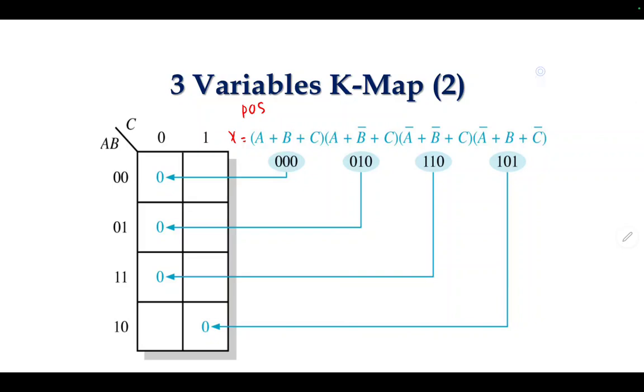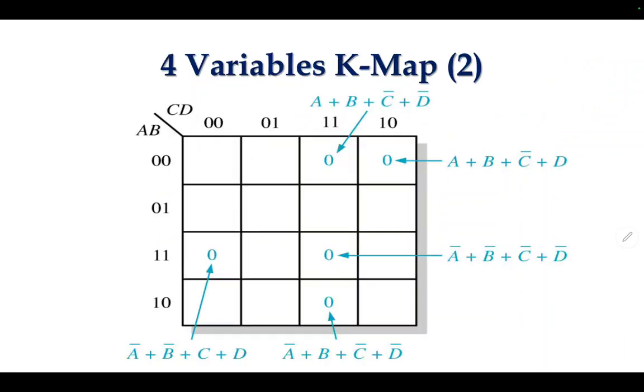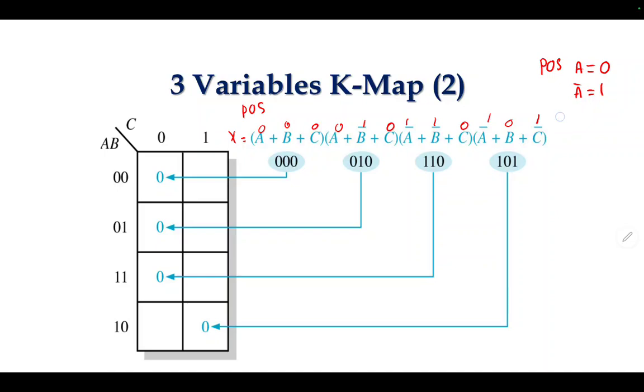So for POS, you know that a equals 0, a bar equals 1. So here is 0, 0, 0, 0, 1, 0, 1, 1, 0, 1, 0, 1. So we need to locate all this equation here. We need to locate number 0 in the K-map.